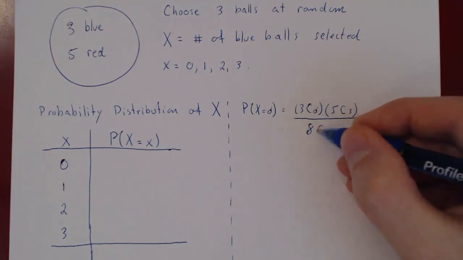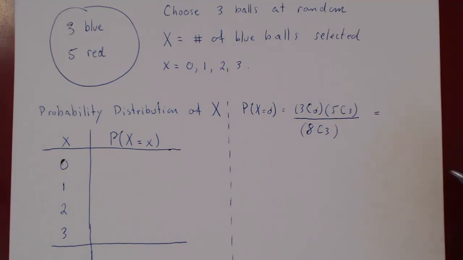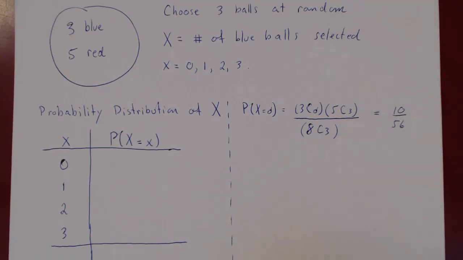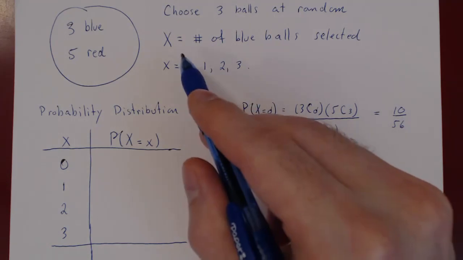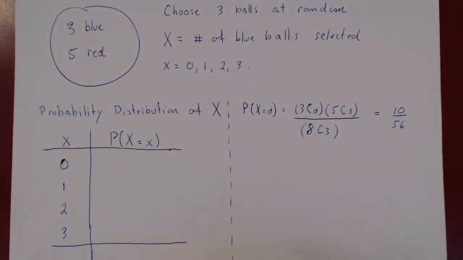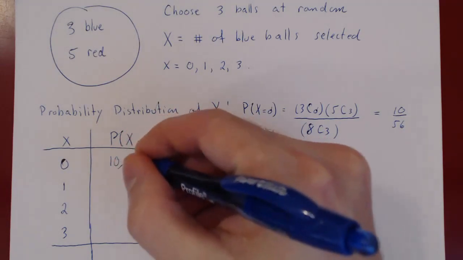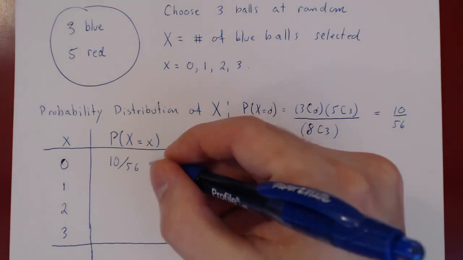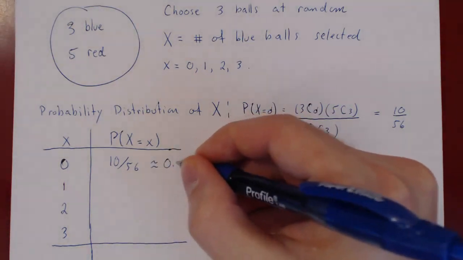Out of 8 balls, we are choosing 3. And if you compute the numerator and the denominator, what you have is 10 out of 56. And now there you have it, the probability that X equals 0, hence that the number of blue balls is equal to 0, is 10 out of 56. And if you compute the decimal for this, you will get approximately 0.179.